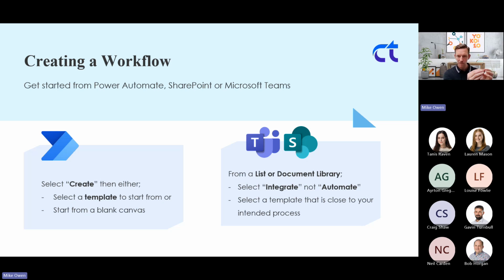You're either going direct to the Power Automate app when you're logged in to portal.office.com. When you're logged into Office 365, you can open that Power Automate app. Or you can start within a list or document library that's surfaced through SharePoint or Teams. I'll go through both of those and show you how to quickly get started.